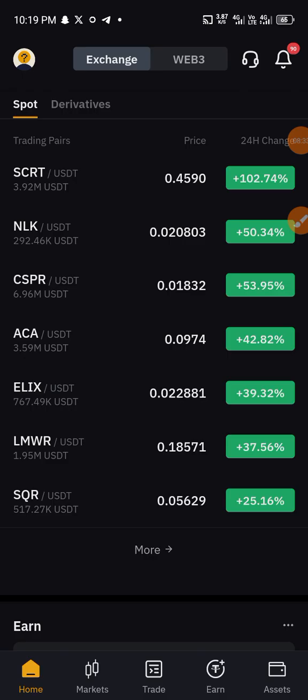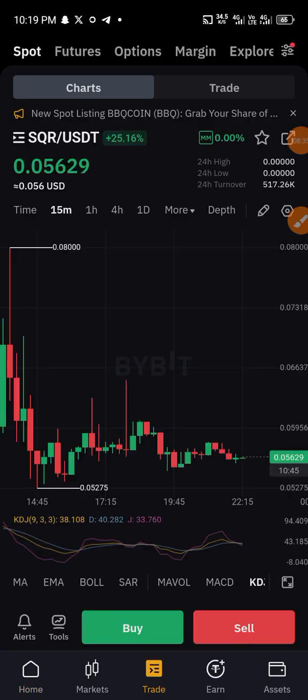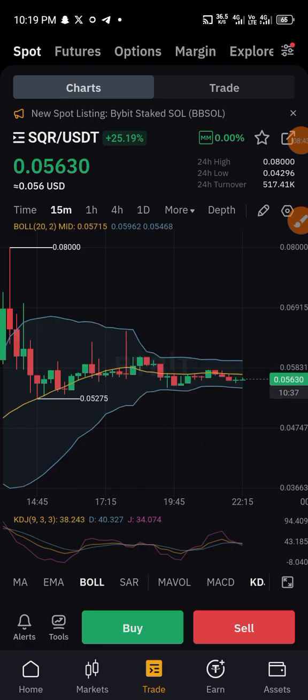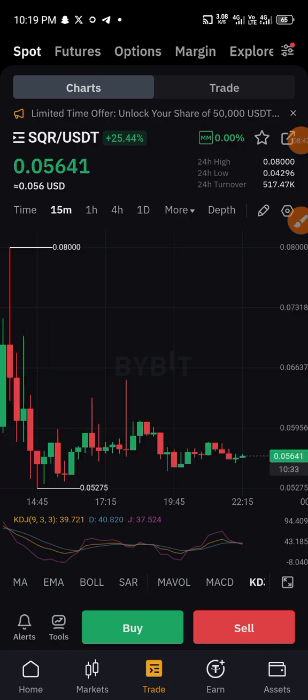There's what we call SQR here, and all you need to do is look if the market is going to be profitable. This is going to be a profitable market. Do you know why? Because it has already taken its corrections, and any moment from now it will be going higher and higher.